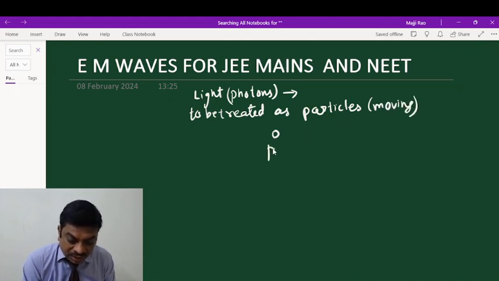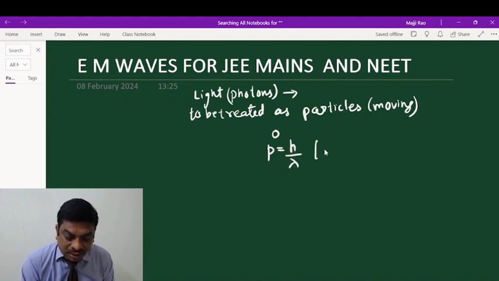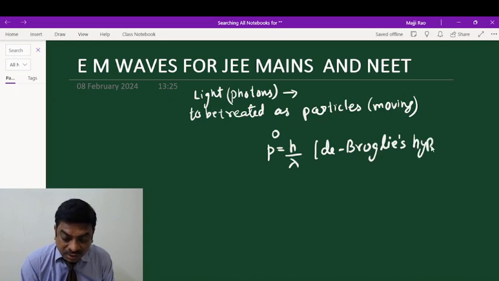So if a moving particle is there, it will have momentum, and its momentum is h by lambda as per de Broglie wavelength. You know this. As per de Broglie's hypothesis, lambda is the de Broglie wavelength, right, students?